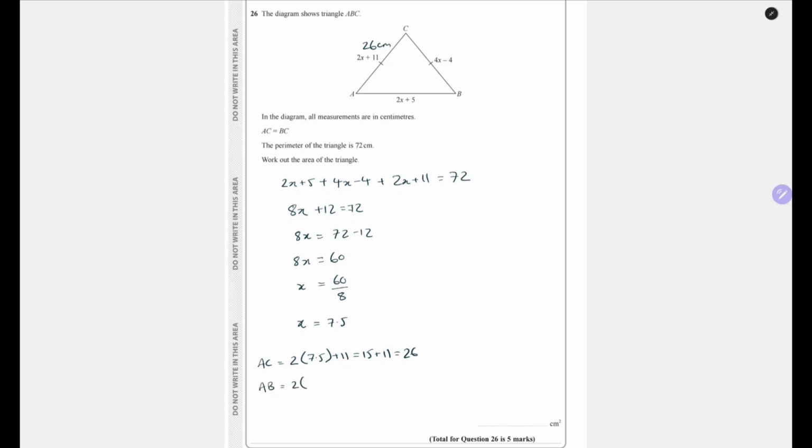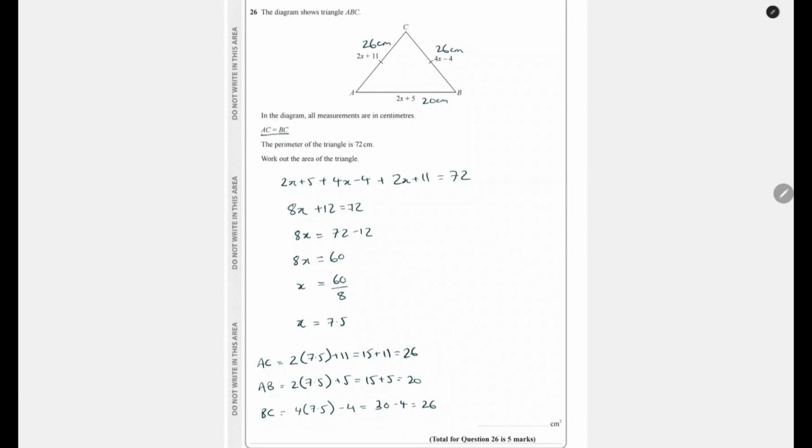That's 2 times 7.5 plus 5, which is 15 plus 5, which is 20. And finally, length BC is 4 multiplied by 7.5 minus 4, which is 30 minus 4, which is 26. So it's 26 centimeters as well, which it says in the question, AC is equal to BC.